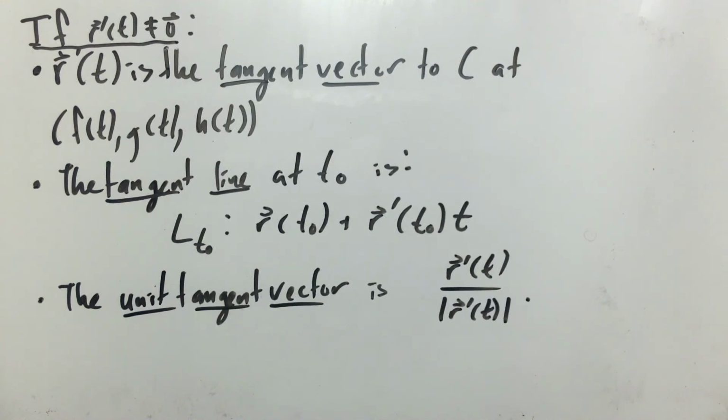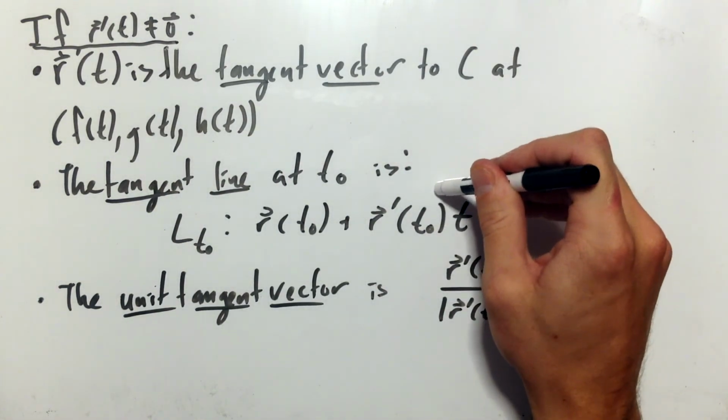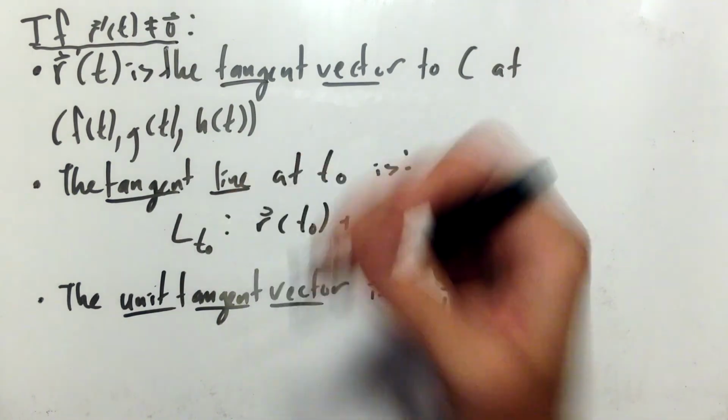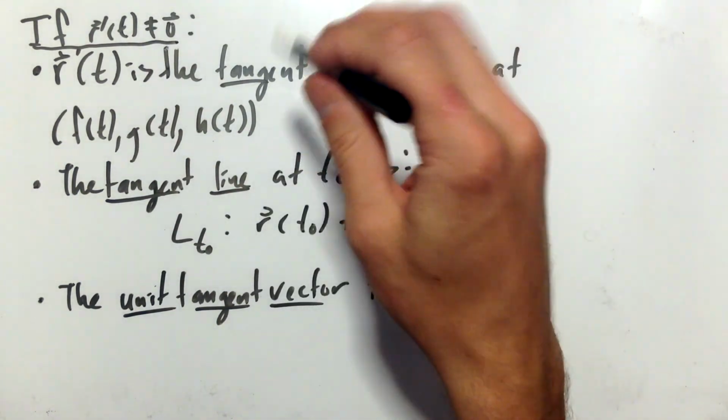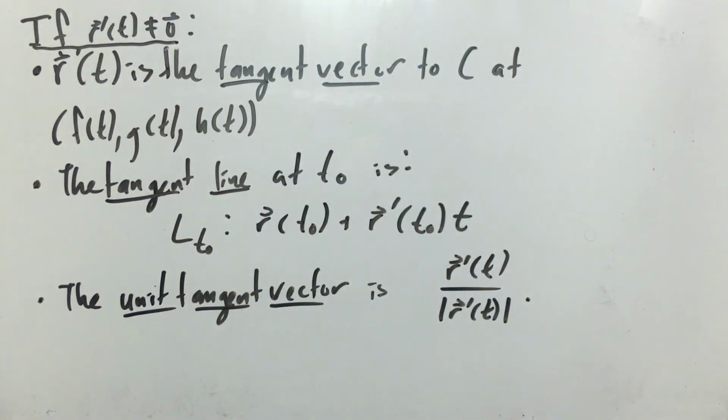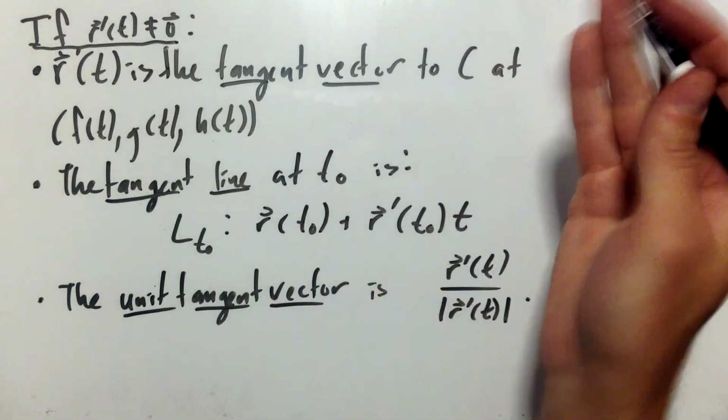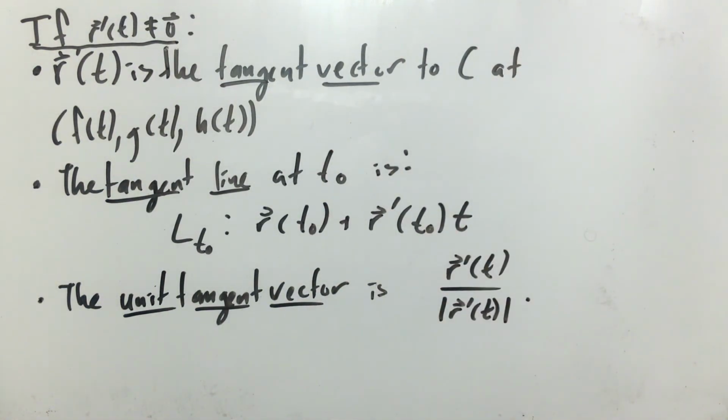Also, we have something called the unit tangent vector, because there is not a unique vector that is tangent to a curve. So oftentimes, if we're just concerned with the geometry of a curve and not the idea of an object moving along the curve over some period of time, a canonical vector to look at is something called the unit tangent vector.